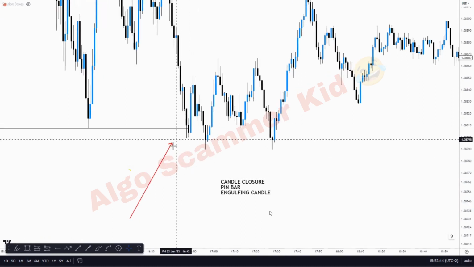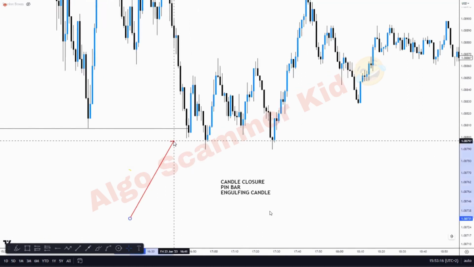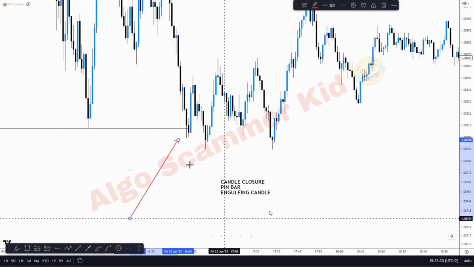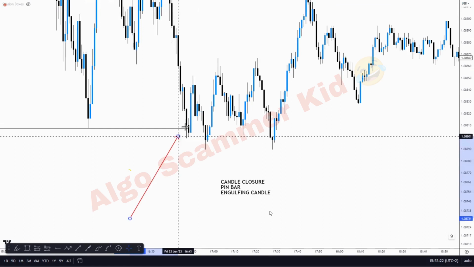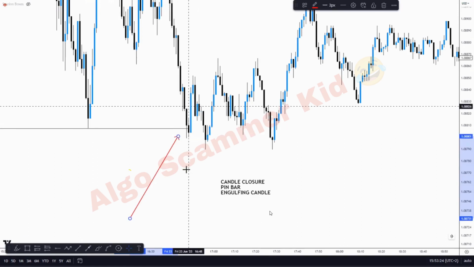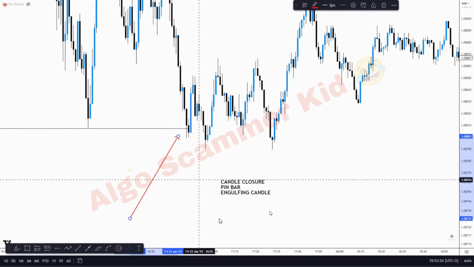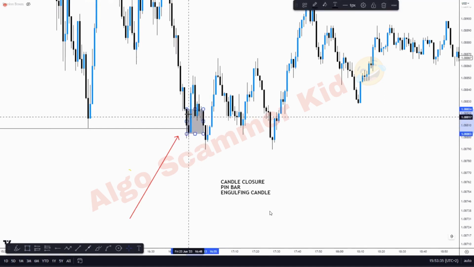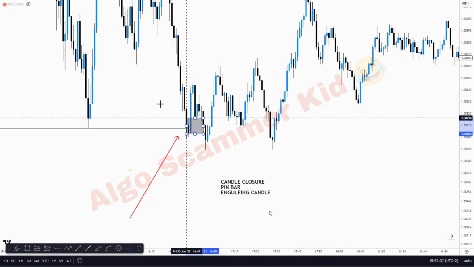So this would have been your first entry, this one here. After this engulfing, you can choose to enter at the order block of the engulfing or at 50% of the engulfing. The 50% will be this. The other block will be this.